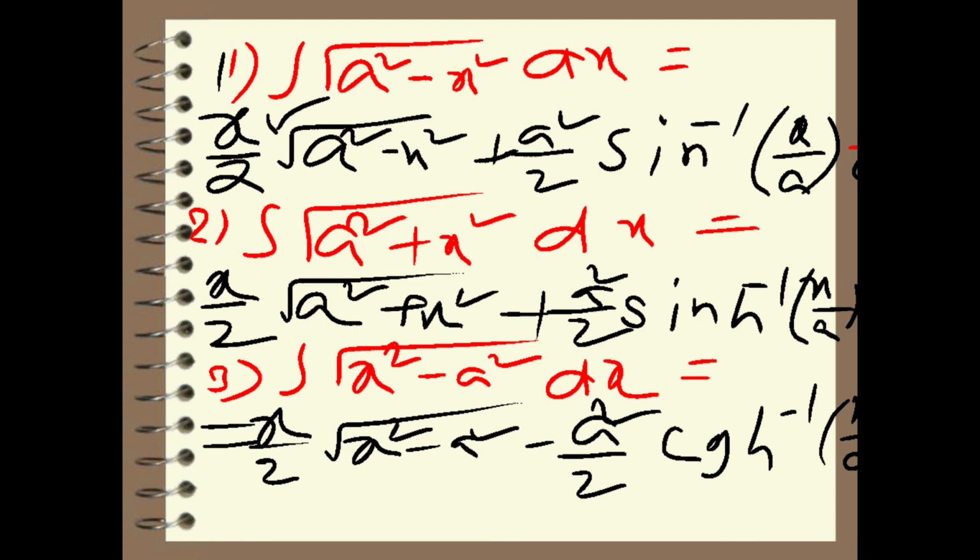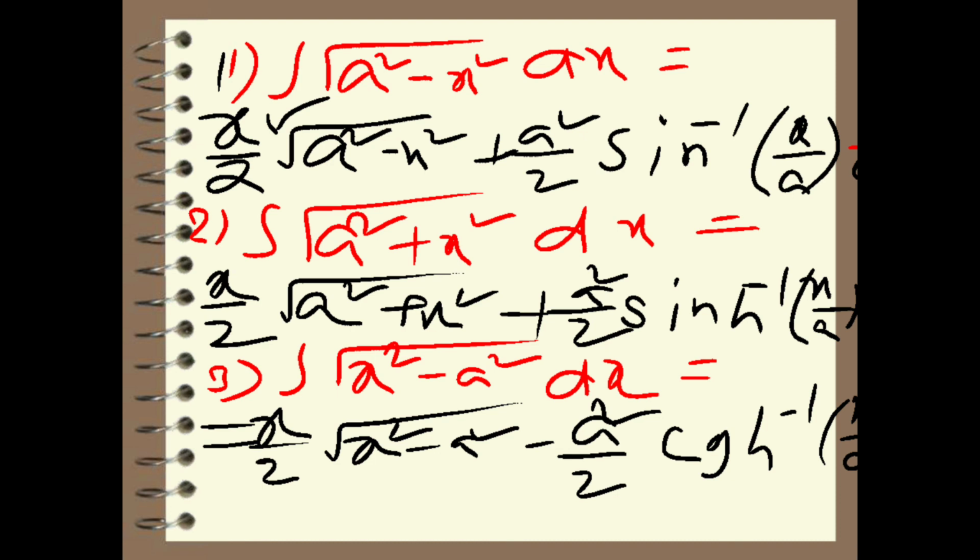If x by 2 into root a square minus x square is there, that comes only in the first part, and the formula for 1 by root a square minus x square is sin inverse x by a, so a square by 2 into sin inverse of x by a comes in the second part.